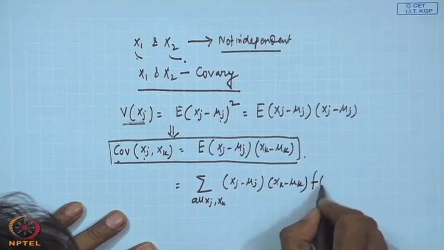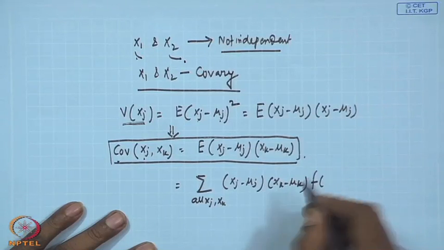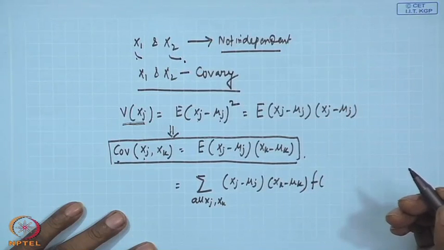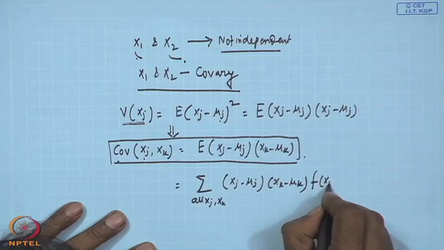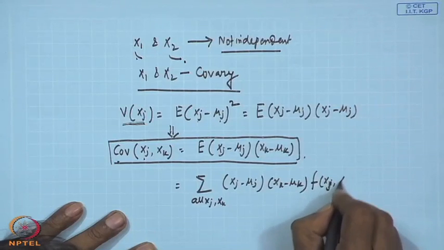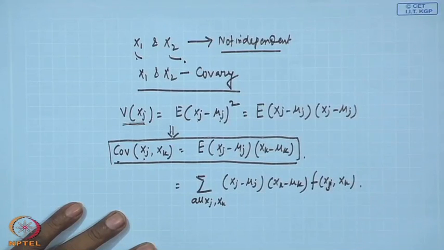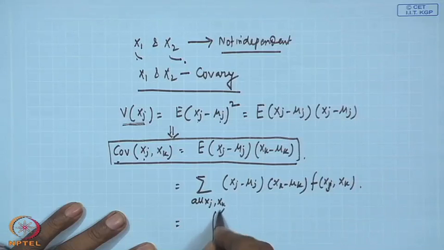We have to write the joint probability of x j and x k here.